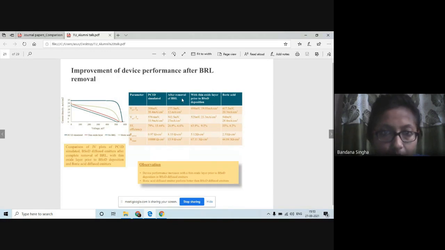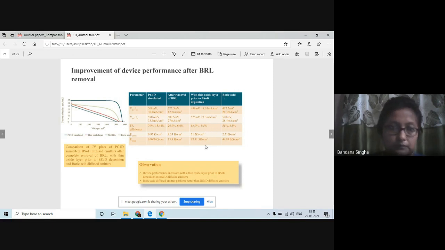In the spin-on dopant case, we saw that the efficiency in some cells was 6.6%, but after using the 5 nanometer oxide layer on it, the device performance for the same samples, with all the diffusion conditions and all the process step parameters, improved to 9.5%.